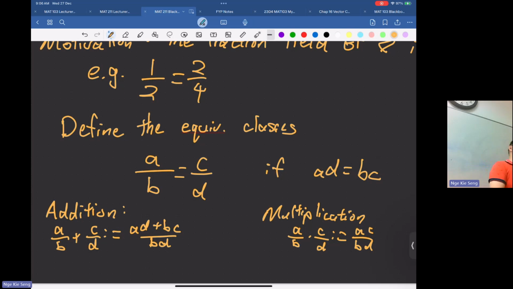But you remember in fractions, we don't want to divide by 0. So we don't want the denominator to be 0 here. But could it be the case that B doesn't equal 0, D doesn't equal 0, but BD equals 0? Could this happen or not? Do you think this will happen?